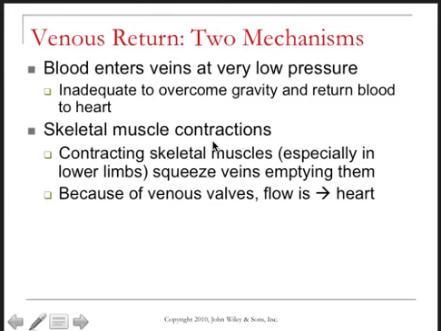Now, occasionally these valves can weaken because of the increased pressure, and they can buckle. And if they do that, you'll generate something called a varicose vein. Now, a varicose vein isn't just unattractive and uncomfortable, it's also dangerous because it represents a site where blood flow is decreased.